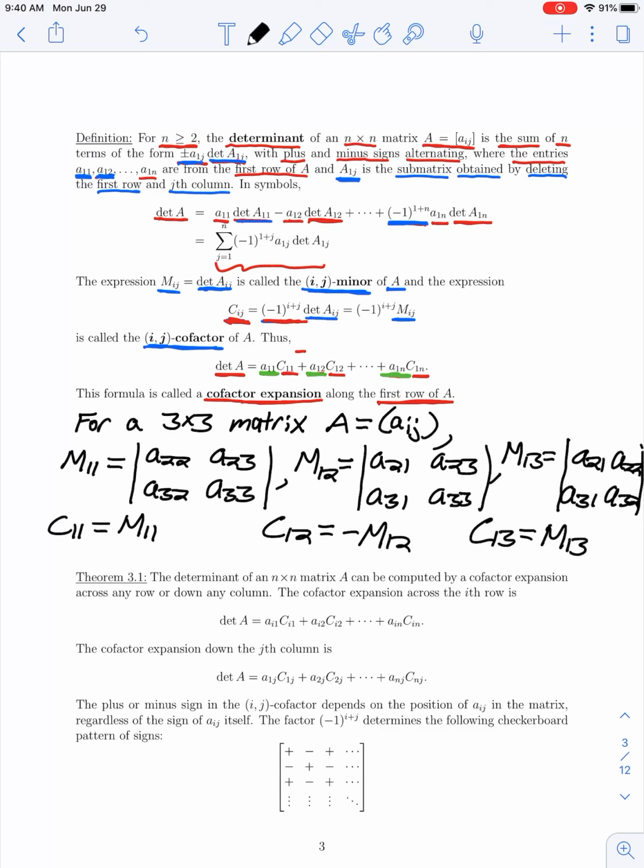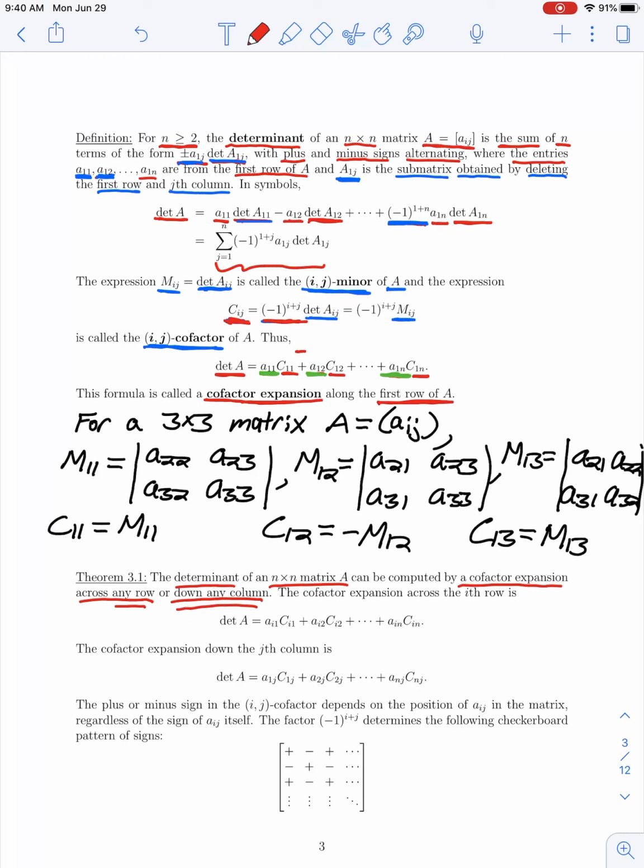Now, one important theorem involving computing determinants, which will make this process much easier, is the following. It's theorem 3.1 from your textbook, which says that the determinant of a square matrix A can be computed by using a cofactor expansion across any row or down any column.